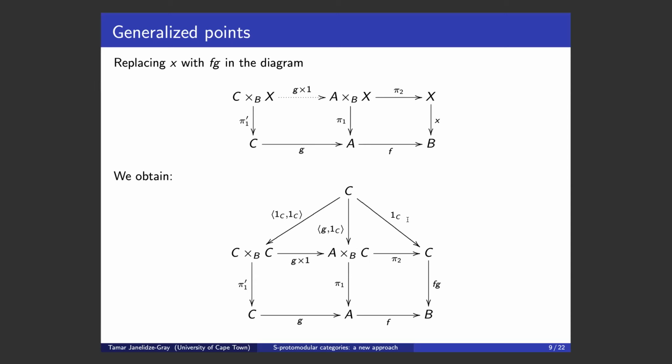That makes the outer diagram commutative, and by the definition of a pullback we get an induced unique morphism going here, which makes this triangle commutative. The morphism I denoted by g1c is induced by g and the identity morphism. And because the triangle is commutative, pi2 is a split epimorphism, with a splitting being this morphism.